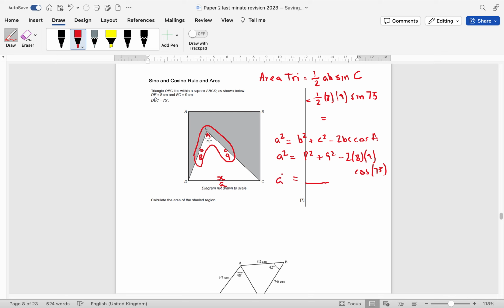Because that's A squared equals that answer, don't forget to square root that answer to find out what A is.